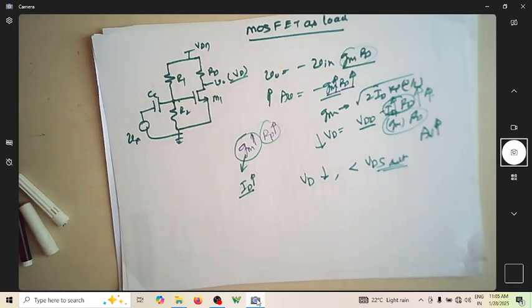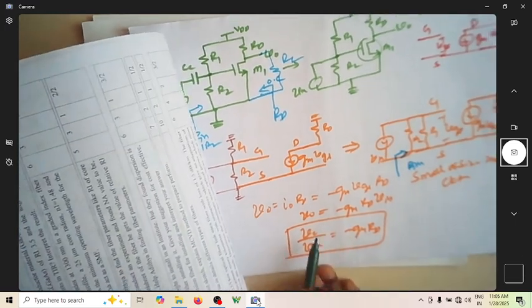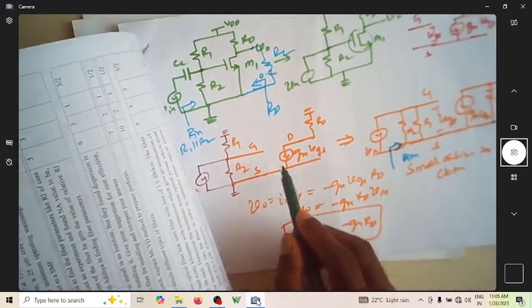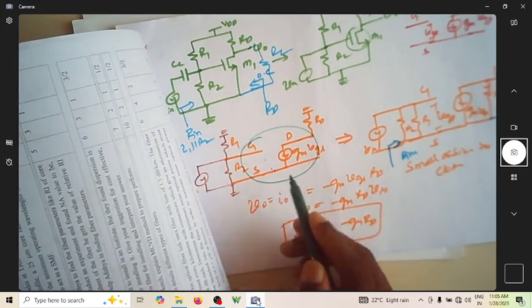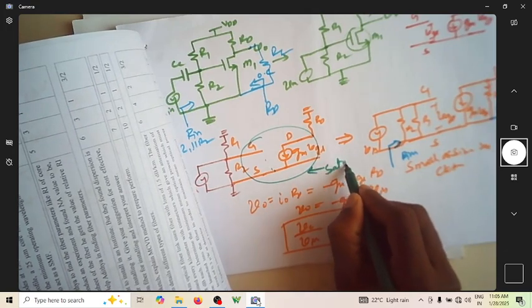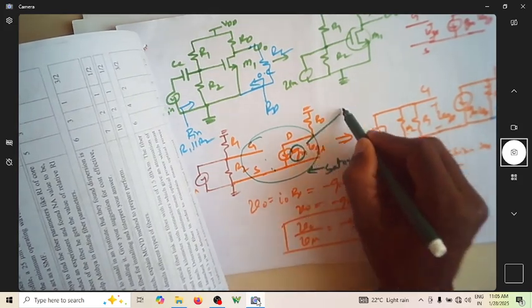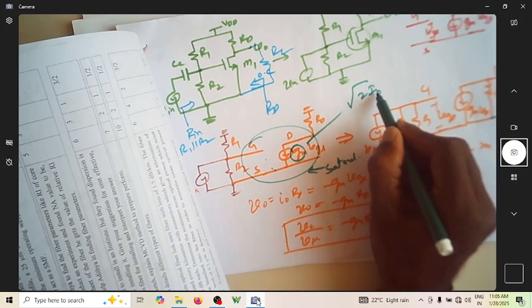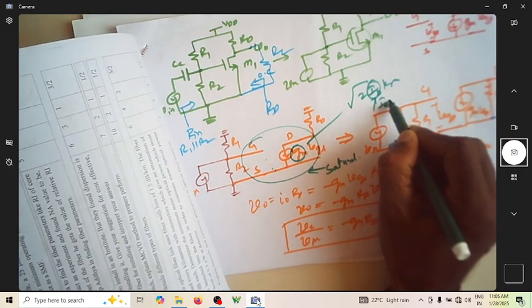So this is our small signal model through which we got the expression of gm into RD. In this small signal model, we have replaced the MOSFET by this. This is possible only if the MOSFET is operating in saturation region. The gm expression you got, which is nothing but the square root of 2 ID Kp W by L, this ID is actually ID sat.